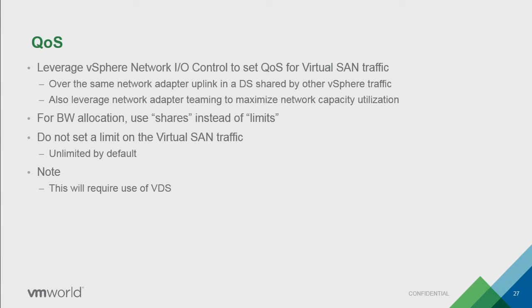Leave it unlimited on the vSAN vNIC and assign shares to your other traffic types, right? Also keep in mind that if you're using fault tolerance, then you want a higher number of shares for fault tolerance because that could be bursty traffic. And for vMotion, you can have shares assigned, right? So this is how you can use NIOC for QoS.